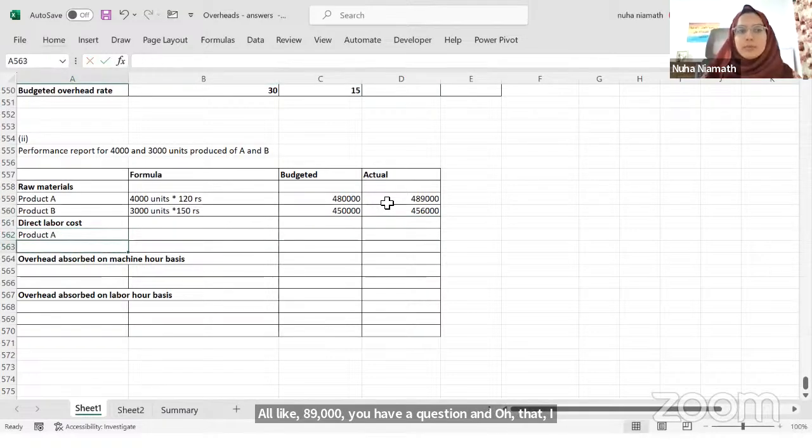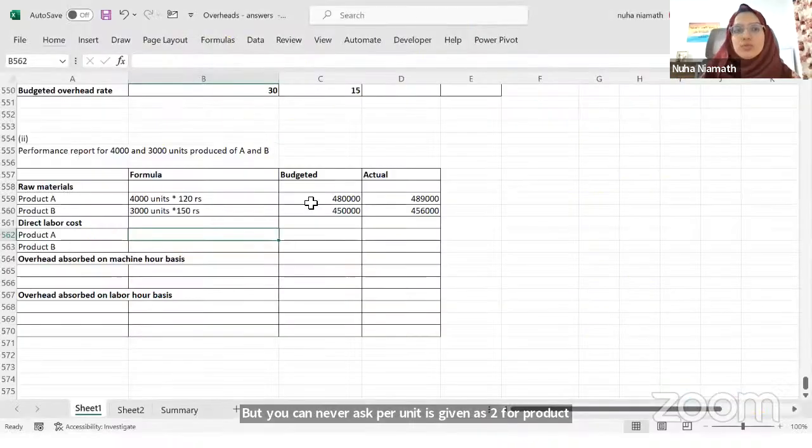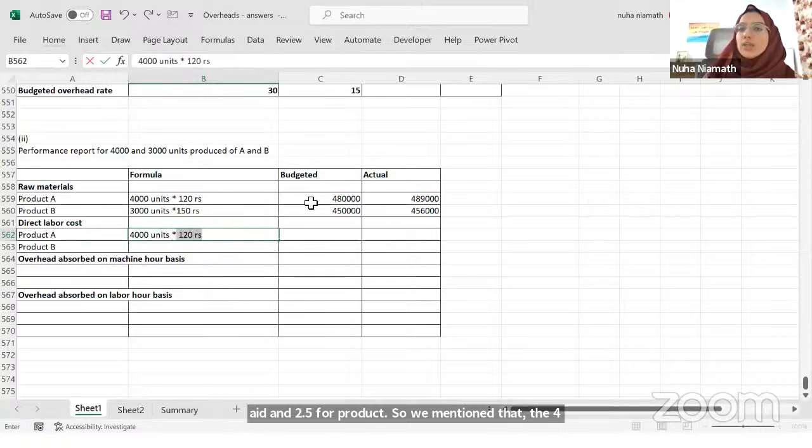Then labor, product A and product B. How do we calculate the labor? Now, when you go back to the question, it says the budgeted labor hours per unit is given as 2 for product A and 2.5 for product B. So we multiply the 4,000 units actually produced into the budgeted hours that is going to be utilized for the 4,000 units into the direct labor cost.